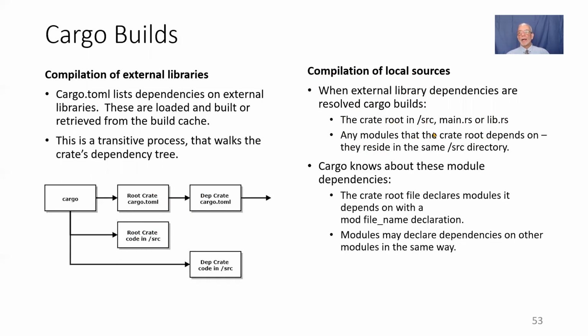So we go out, grab all those external dependencies, build anything that needs to be built, and now we build the crate itself, by compiling the crate root and loading any dependencies it describes with its mod keywords.